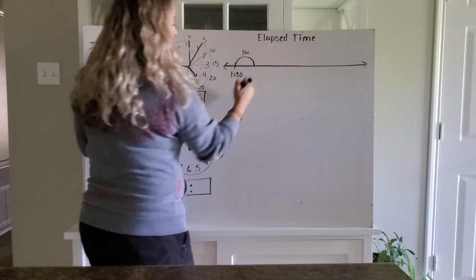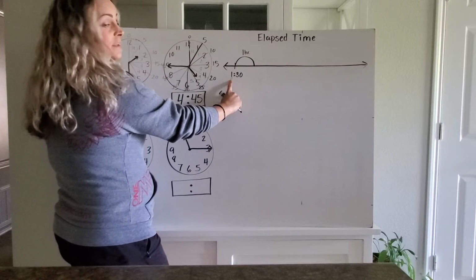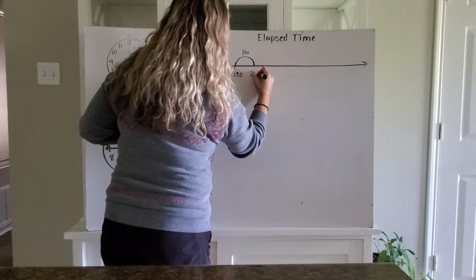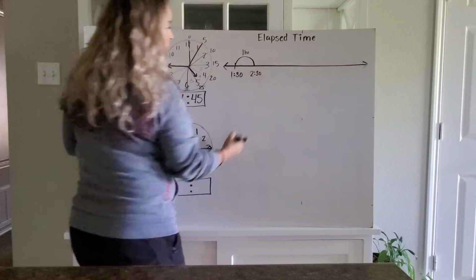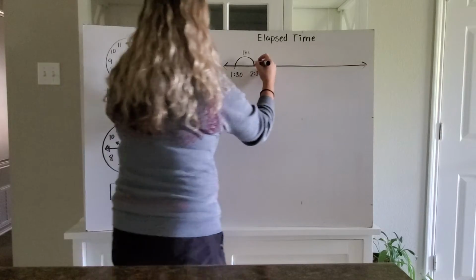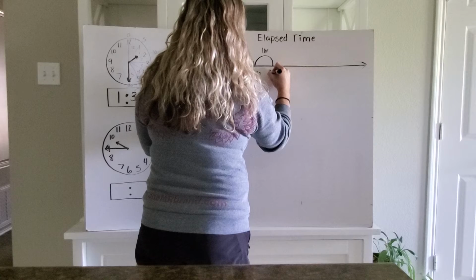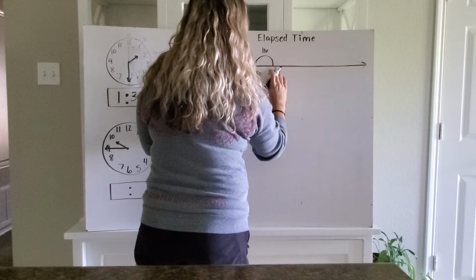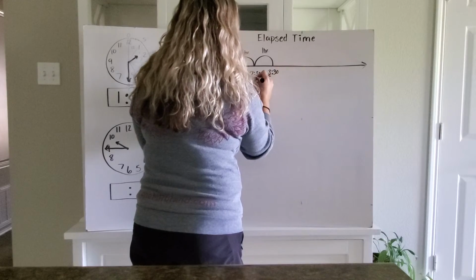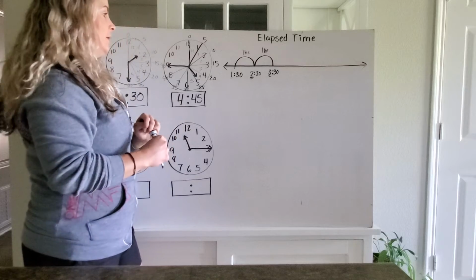So I'm going to jump 1 hour. If I jump 1 hour, then I'm only changing the hour to go up 1 hour. So then the time would be 2:30. I'm still not to 4, so I need to jump another hour, and that will put me at 3:30. Notice the minutes are staying the same because I'm only jumping by hours right now.